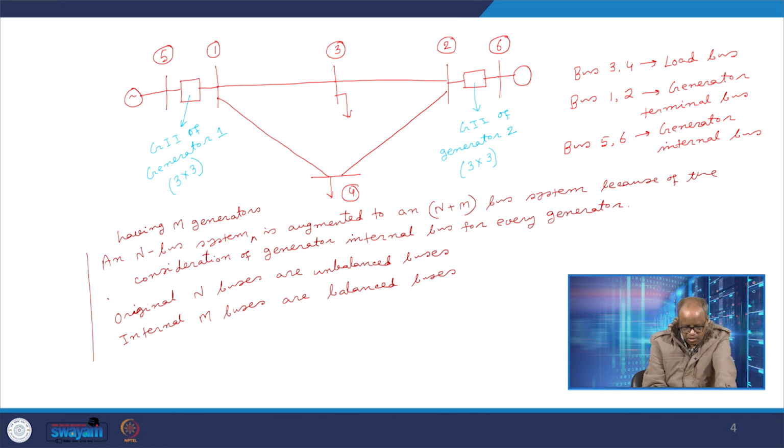We also write that the original n buses are unbalanced buses, buses 1, 2, 3, 4 are unbalanced, and the internal m buses, that is buses 5 and 6, are the generator internal buses, and they are balanced.